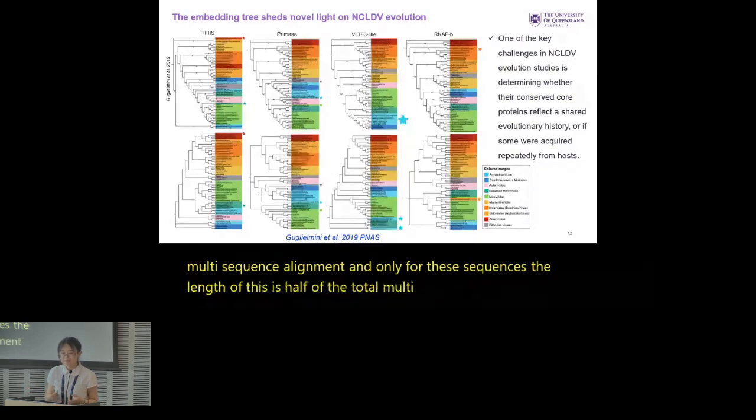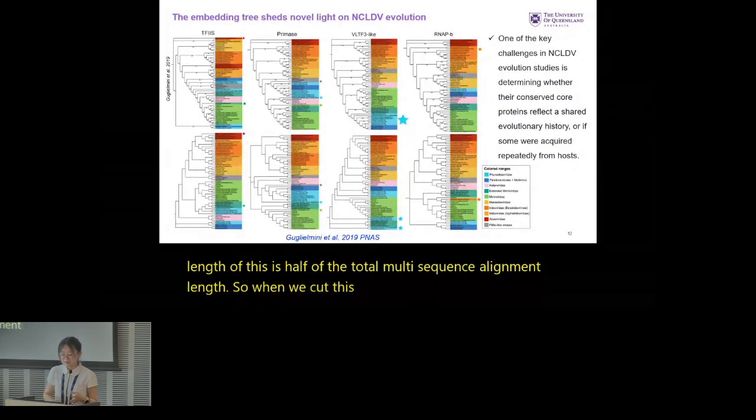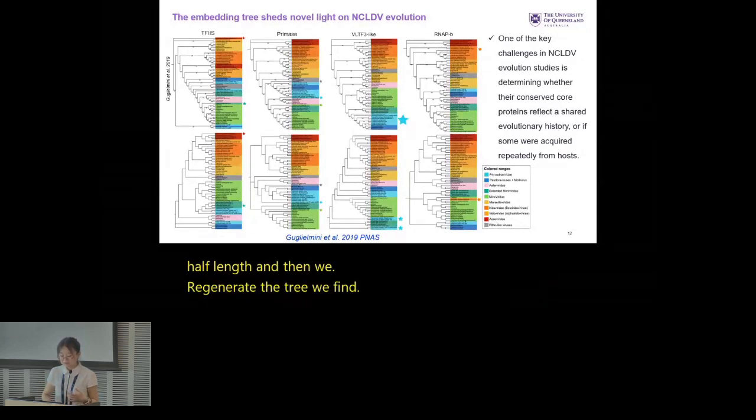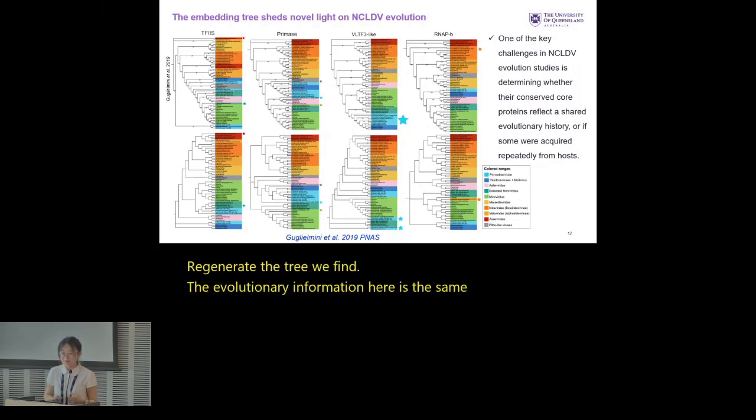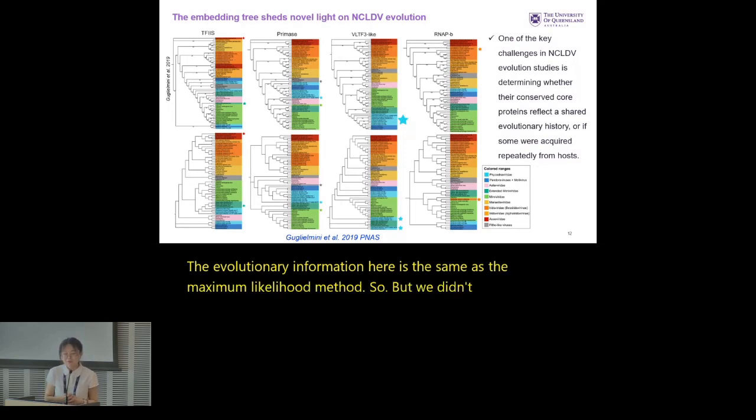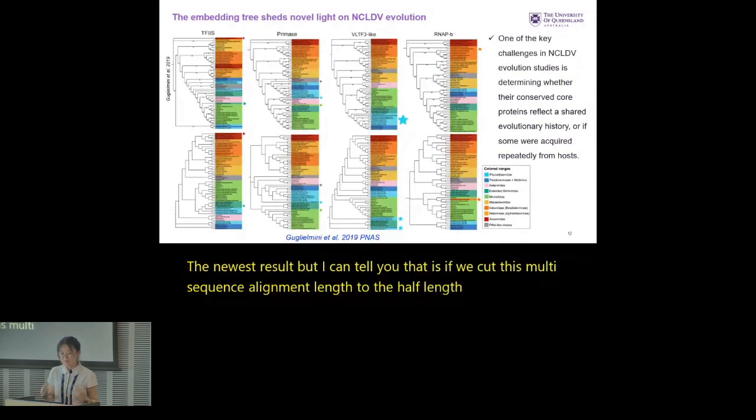When we cut this multiple sequence alignment to half length and regenerate the tree, we find the evolutionary information is the same as the maximum likelihood method. We haven't updated our newest result, but I can tell you that if we cut the alignment to half the original length, it gives the same phylogenetic evolutionary relationship.